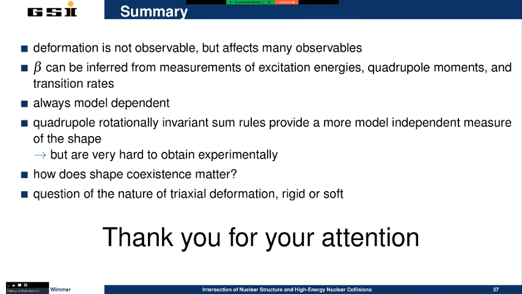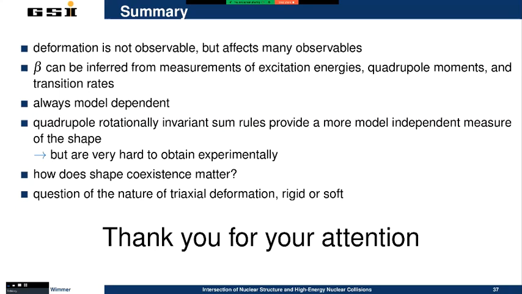So this is now my summary. Deformation is not observable, but it affects many observables. We infer beta from measurements of excitation energies, quadrupole moments, and transition rates, but it's always model dependent.